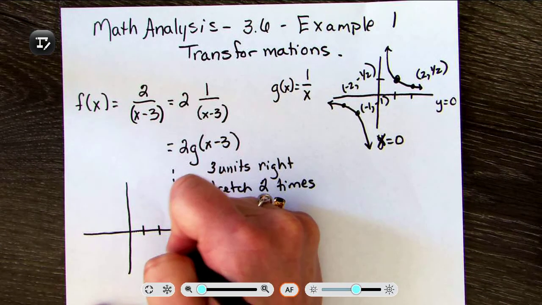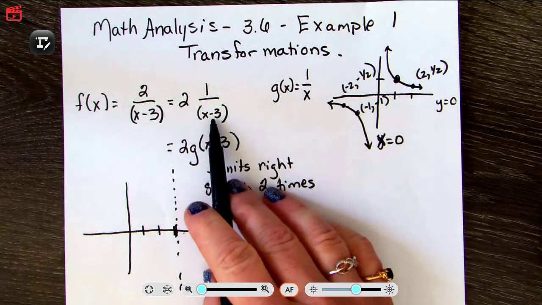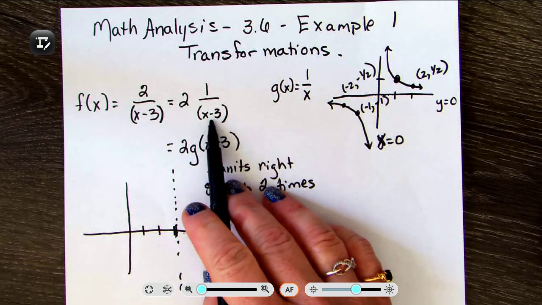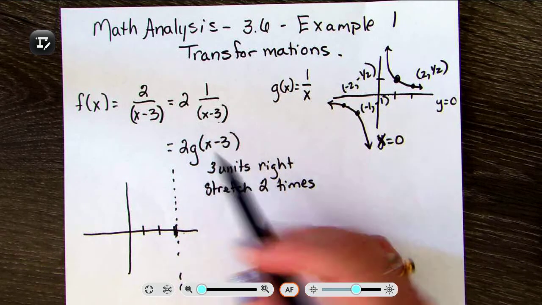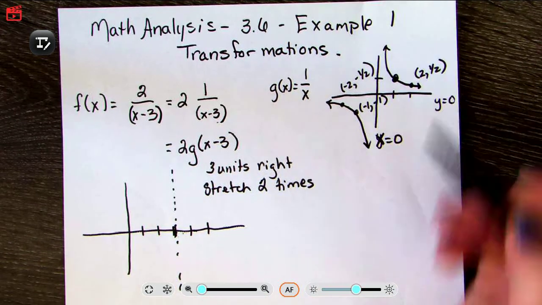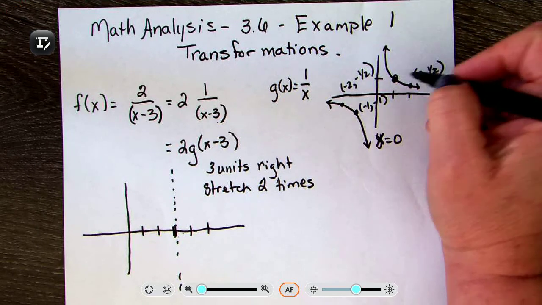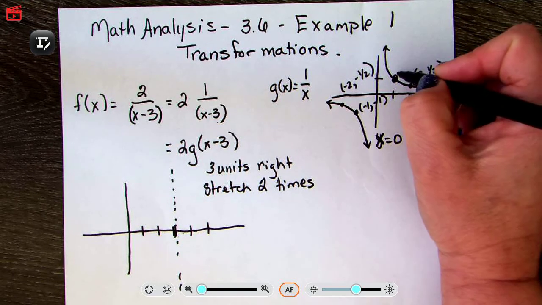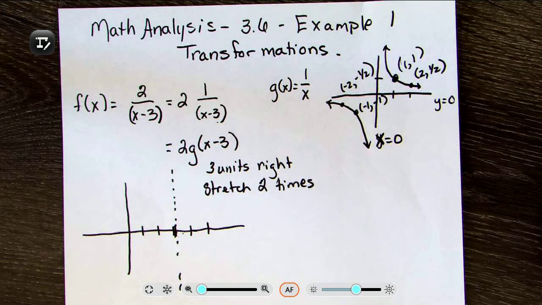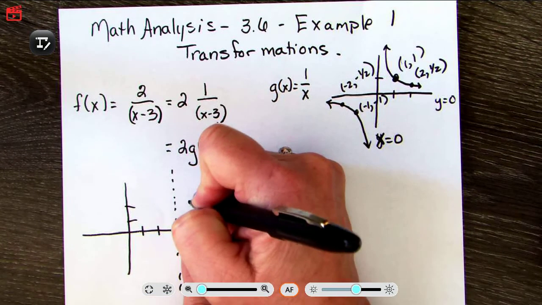Okay, and you'll notice that if we looked at the denominator, and we set that denominator equal to 0, x equaling 3 would be a zero, and that would be our vertical asymptote. So we're going to be moving this also 3, but then we're going to stretch it. So we're going to be taking those y values, so this 1, 1, multiplying that y value by 2, so we're moving it and stretching it.